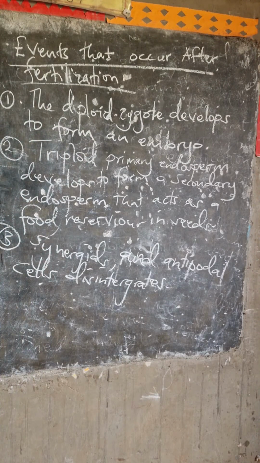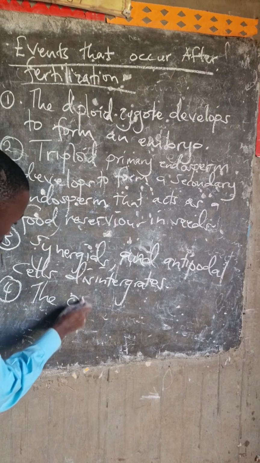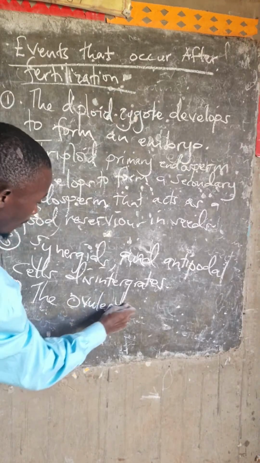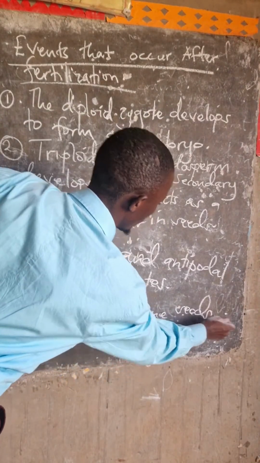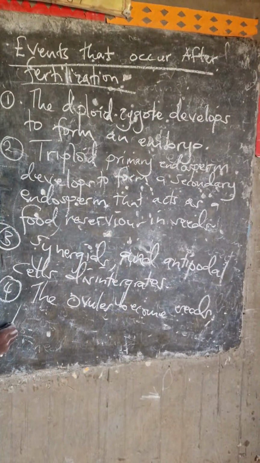We are looking at the events that occur after fertilization. Four, these are the technical ones we didn't see in our primary level. The ovules become seeds. Remember that.